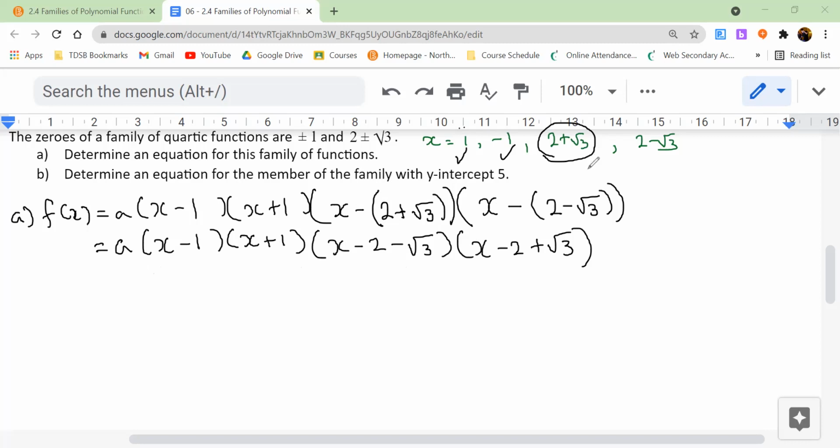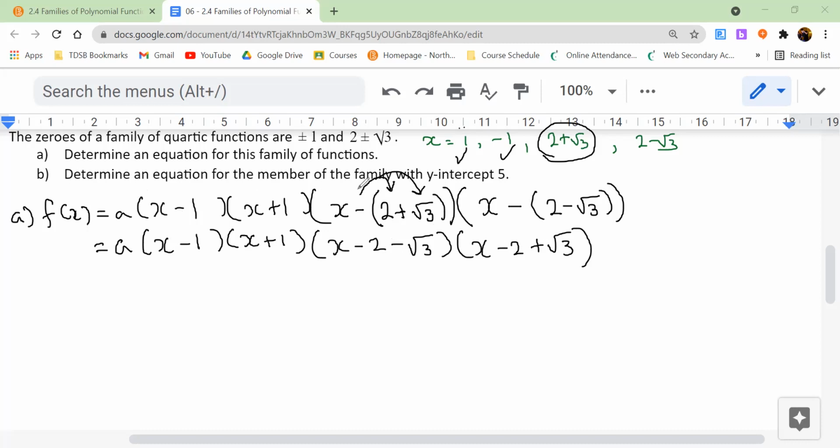Why did I turn it into this? Well, you know how there's all these brackets inside? I took that negative 1 and simply multiplied it out so that we can get rid of that bracket and turn it into just one term, one bracket. Again, this was just to simplify it and clean it up, so to speak.